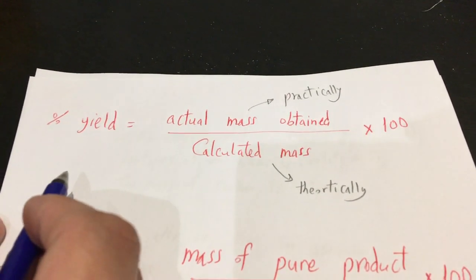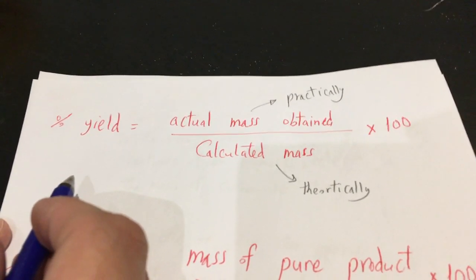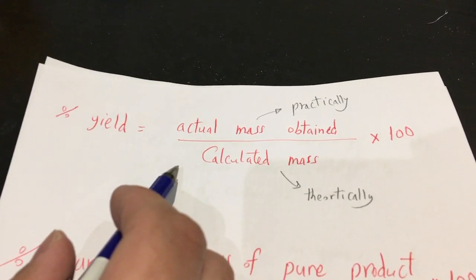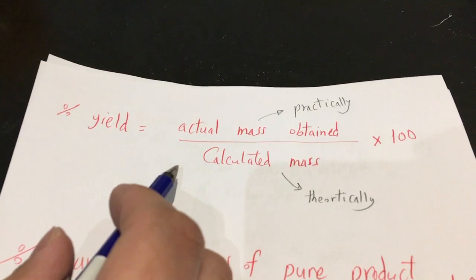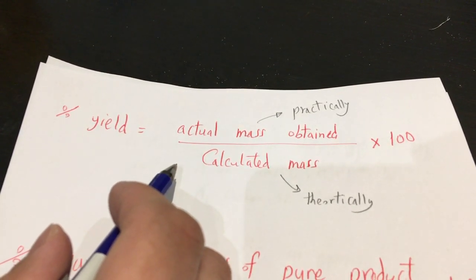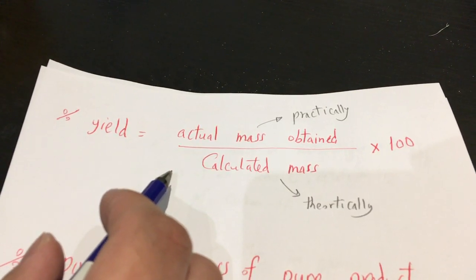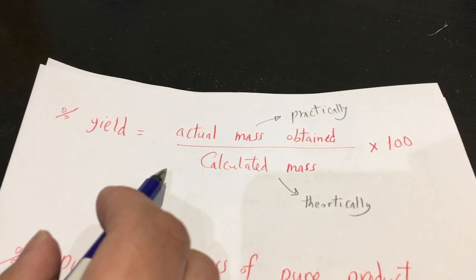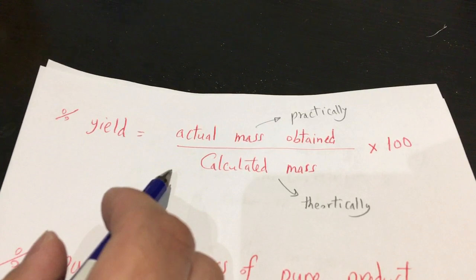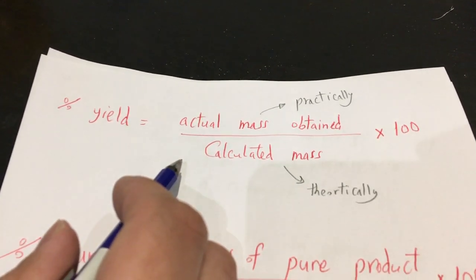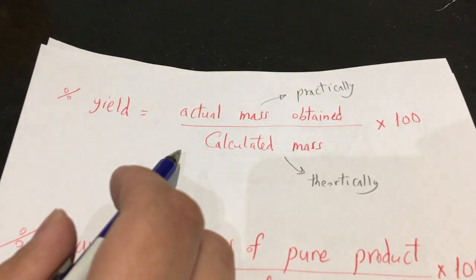When we do experiments in the lab, usually the amount you get practically, the yield in any chemical reaction, will have less mass than the calculated mass. For example, you do some chemical reaction to get some salt, and you collect this salt by filtration.